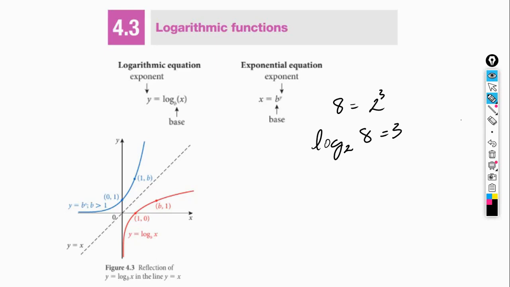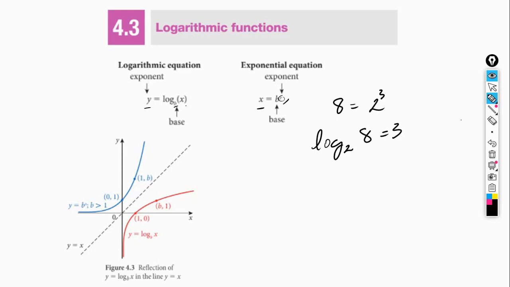Notice that it says x equals b to the power of y. So y is the exponent and b is the base. In logarithmic form, we would say y, which is the exponent, is equal to log base b of x.